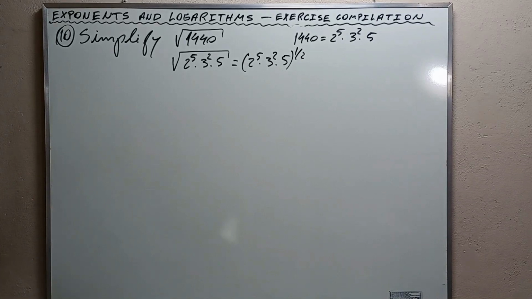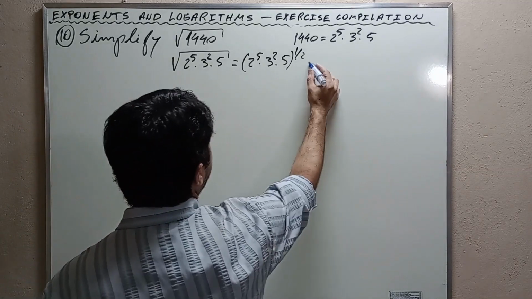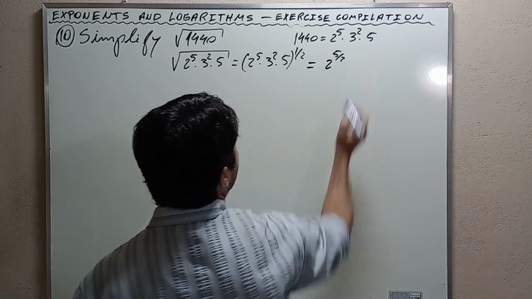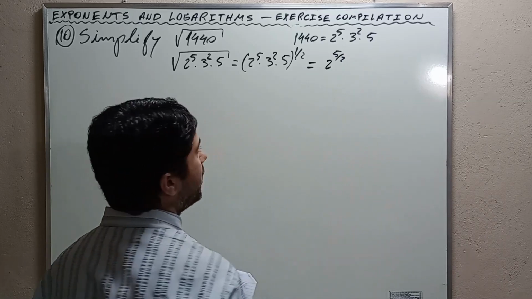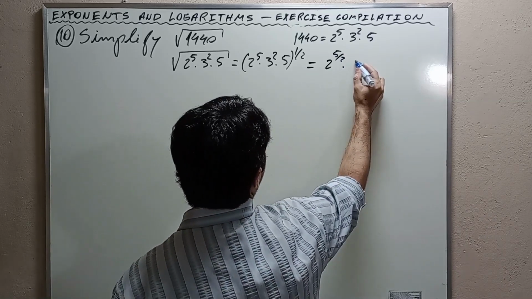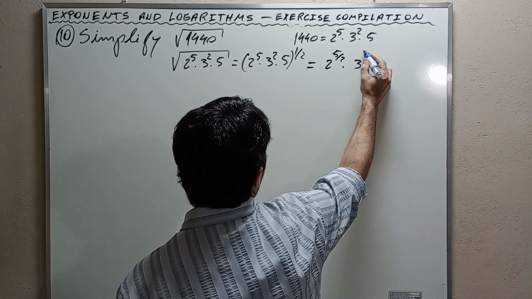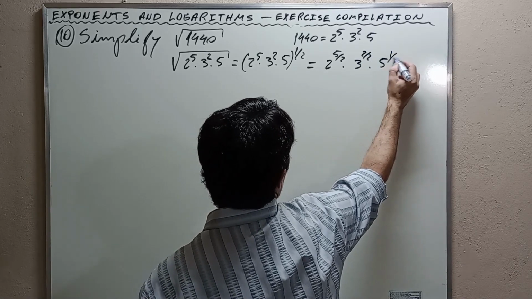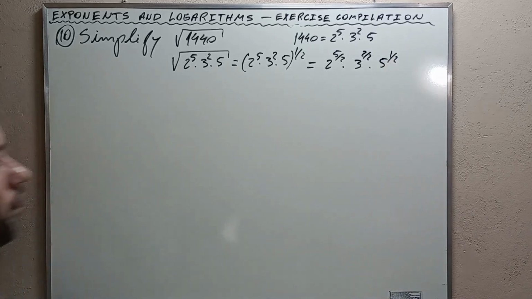And simplifying further, we find that it is 2 raised to the power of 5/2 times 3 raised to the power of 2/2 times 5 raised to the power of a half. Okay?